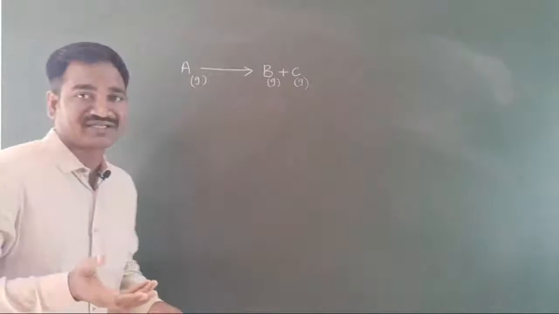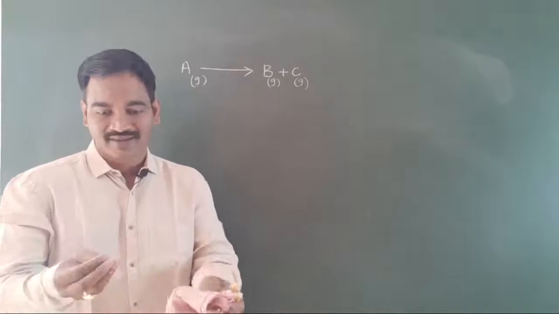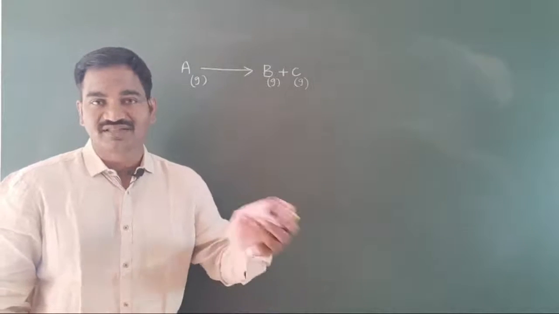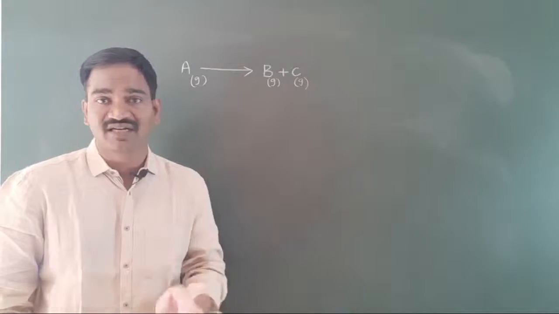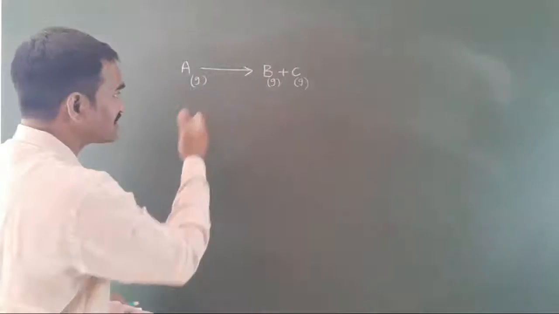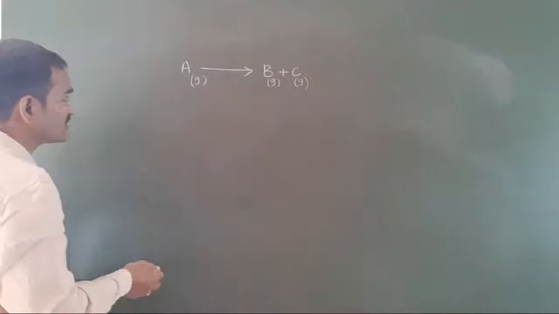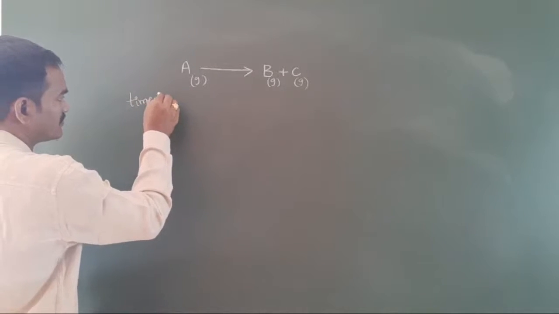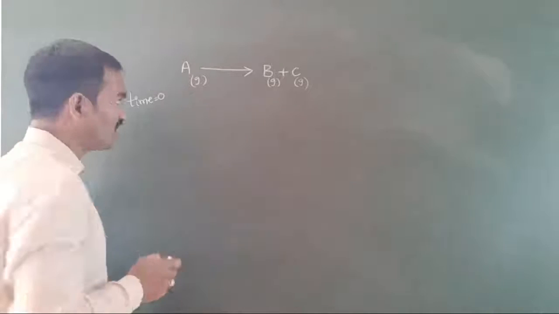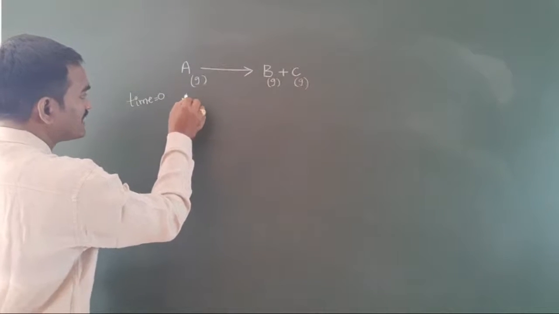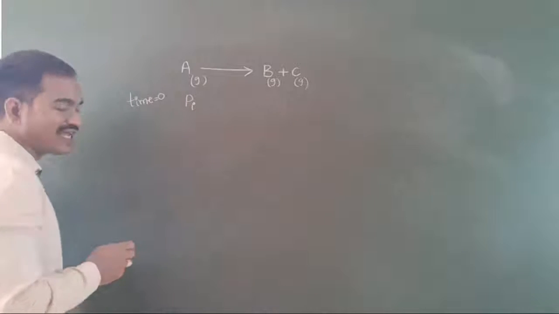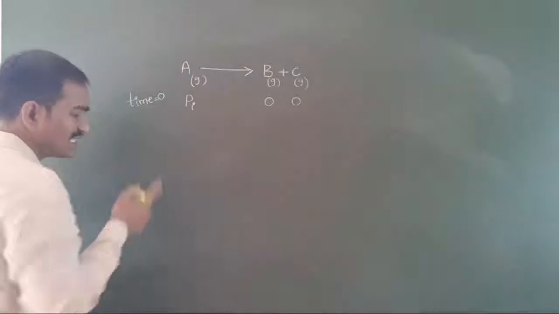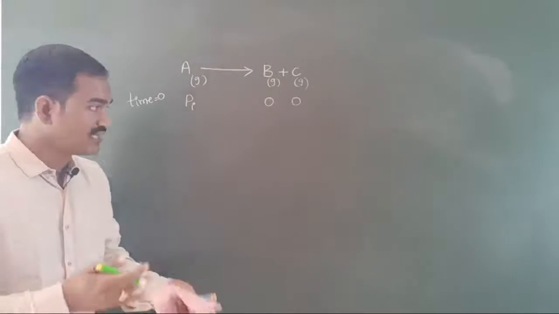In the gaseous reaction we cannot use concentration. Gases have pressure, partial pressure; they never use concentration. In the gaseous reaction, at time t equal to 0, the initial pressure of reactant A I am taking as Pi. Products are 0, because initially the reaction has not started at all.